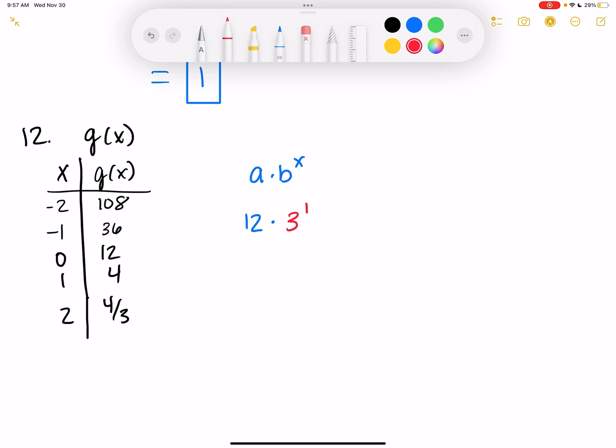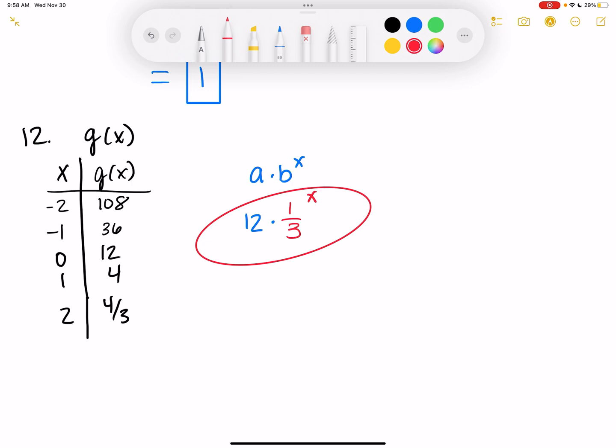That's 3 times 12 is 36. Well, it's supposed to equal 4, so that's not right. But possibly try 1/3 instead. So if I plug in 1 now, 12 times 1/3, 12 over 3 would be 4. So there's my answer.